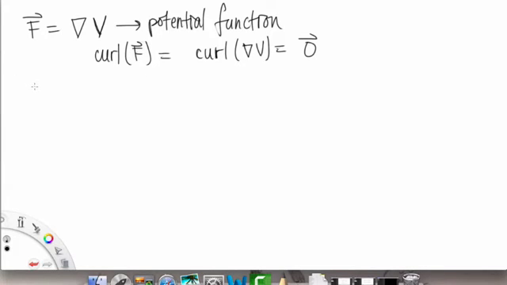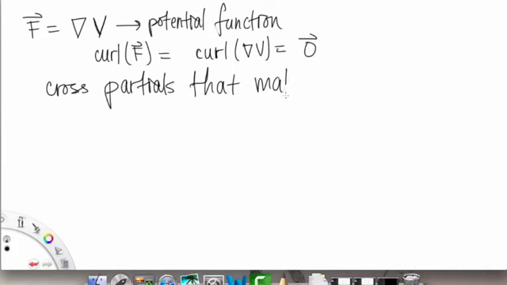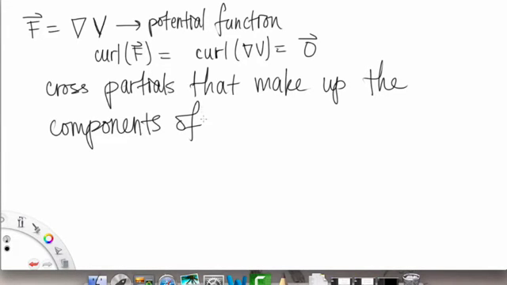The reasoning behind this is that the cross partials that make up the components of the curl of F are equal to 0.